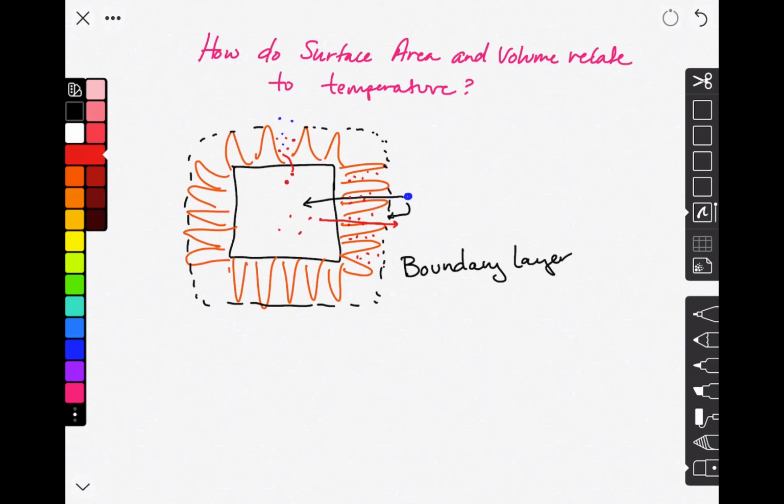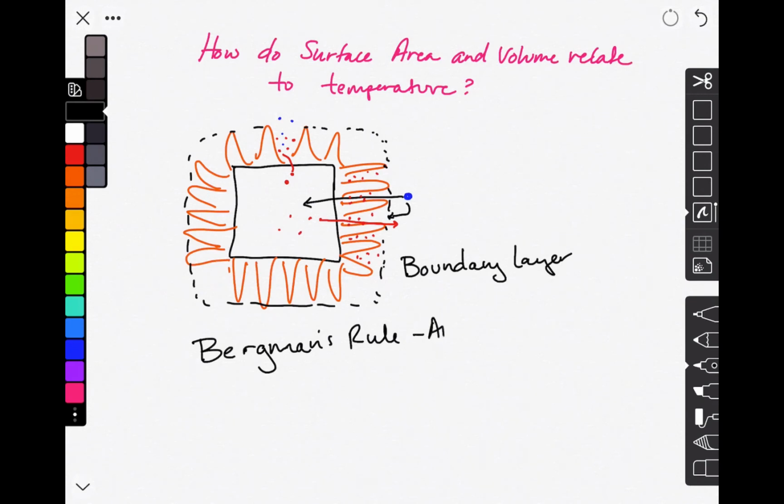thermoregulation. What I want to do is remind you of Bergmann's and Allen's rules. And these are rules for desert animals. Bergmann's rule is that animals in cold environments are larger than animals in warm environments.